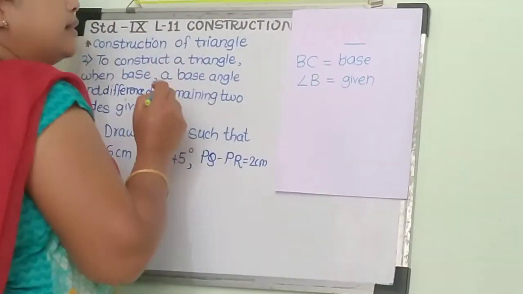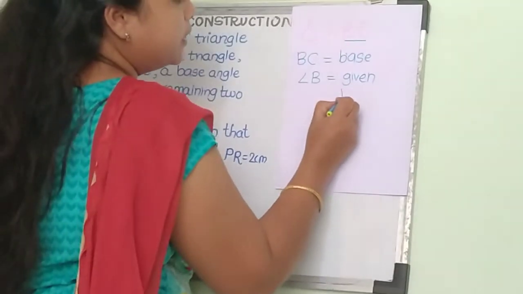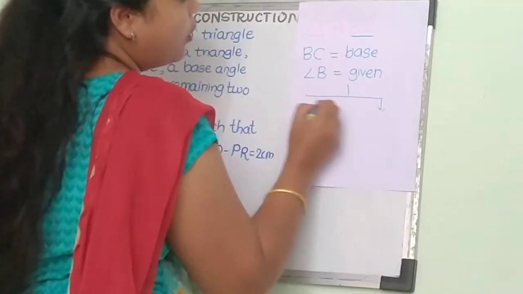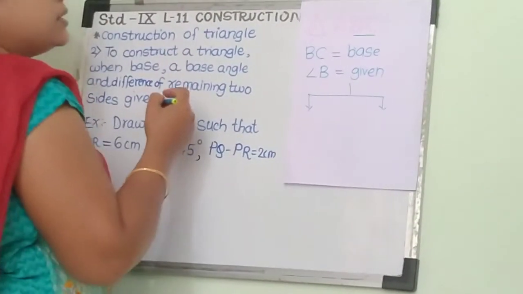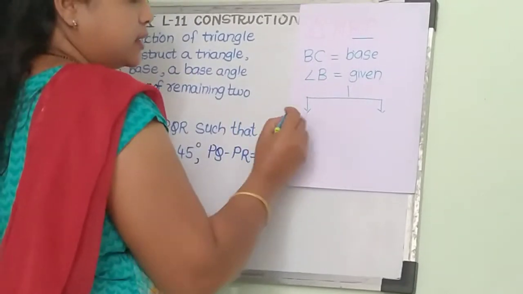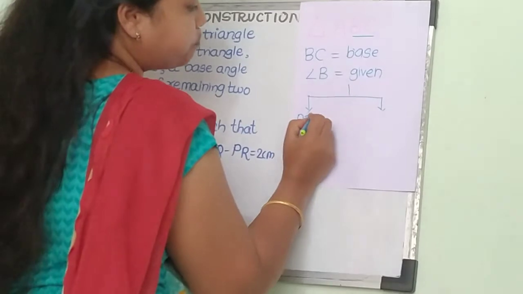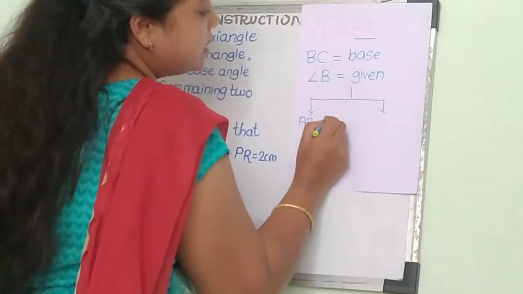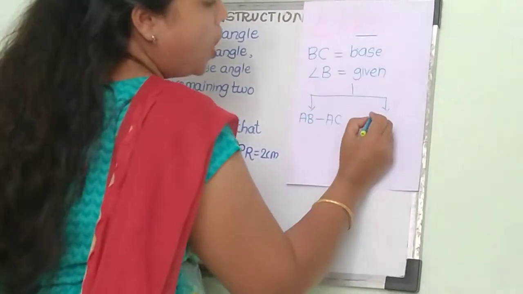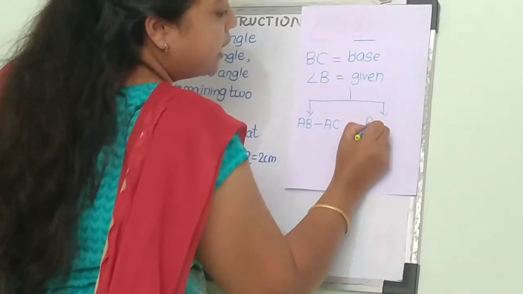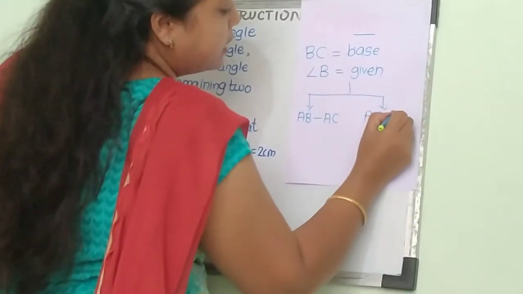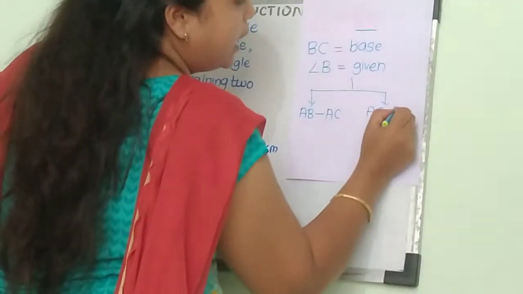Then there are two possibilities for the difference of the remaining two sides. It may be AB minus AC, or AC minus AB.